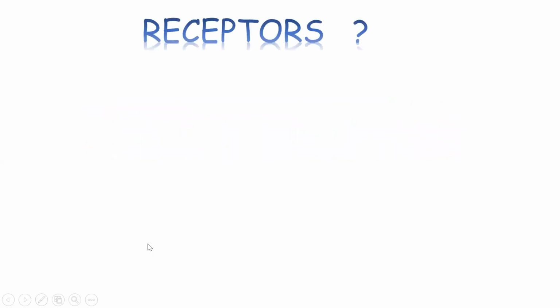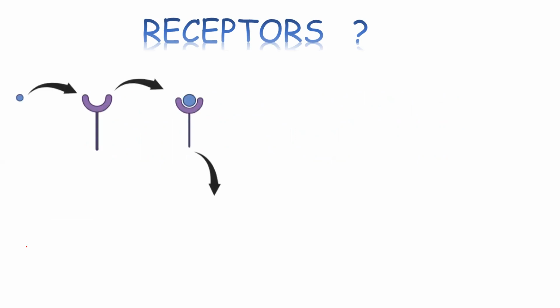Hi everyone. Today we are going to focus on intracellular receptors. But even before we start with what intracellular receptors are, let's try to understand the basic knowledge of what receptors are. The idea of a receptor is pretty simple. Receptors generally look out for ligands. These are small molecules which, when they attach to a particular receptor, start a cascade of events.